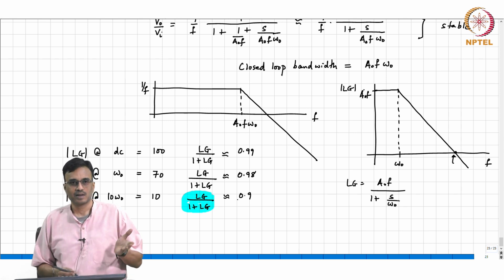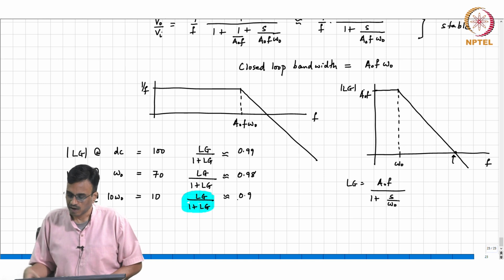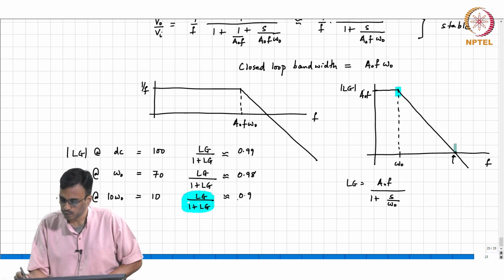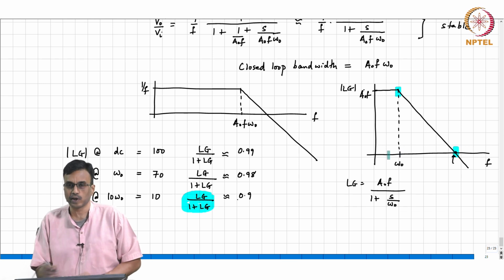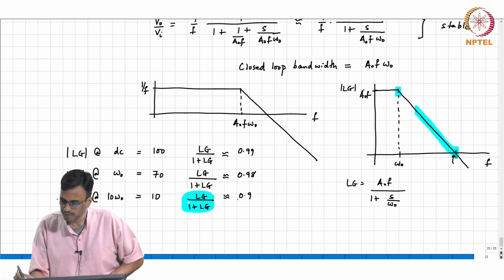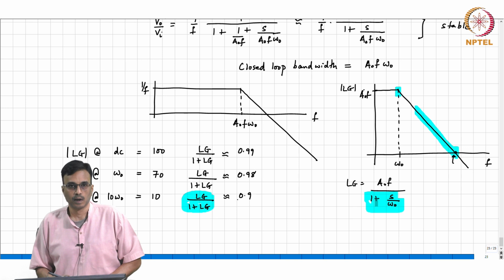Before you keep sitting and wasting your time writing long equations, let me ask you one thing. First of all, is this unity gain frequency going to be close to omega naught or far away from omega naught? Far away. At frequencies far away from omega naught, which of these terms dominates? S by omega naught, right?